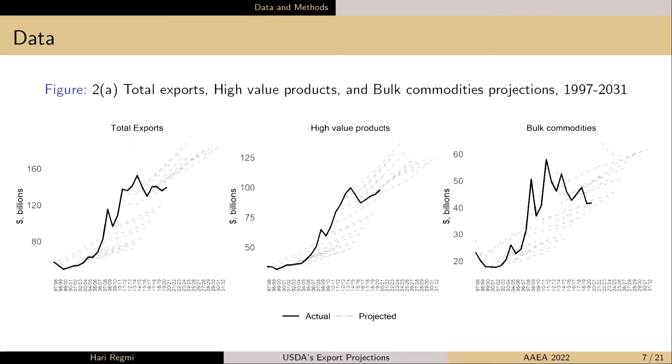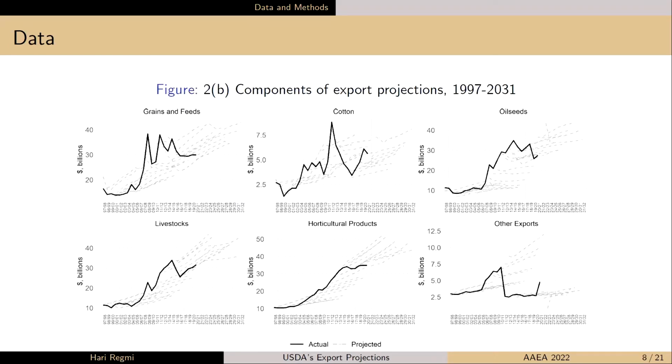The bold line represents the actual or realized value, whereas the dotted line represents the projections made in each year. And these are the other components, out of these three, of the export projections.